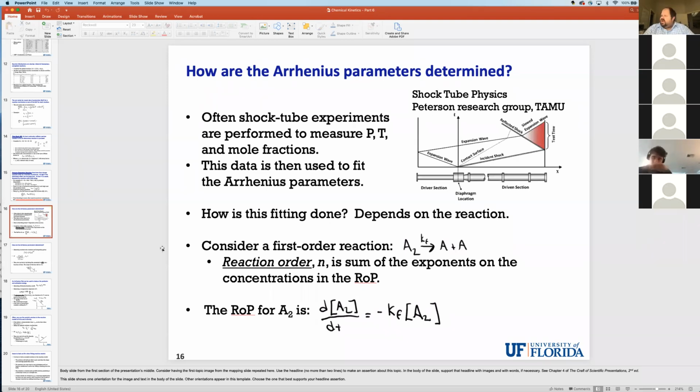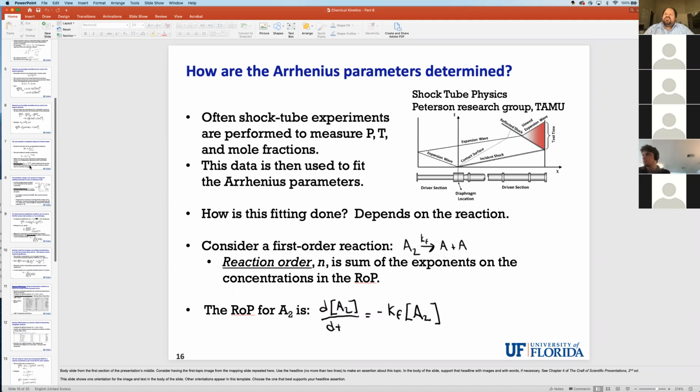So the rate of production for A2 is negative because we are destroying 1 mole of A2, times Kf times the concentration of A2. So here the sum of all the exponents on the concentrations is 1. So it's a first order reaction.